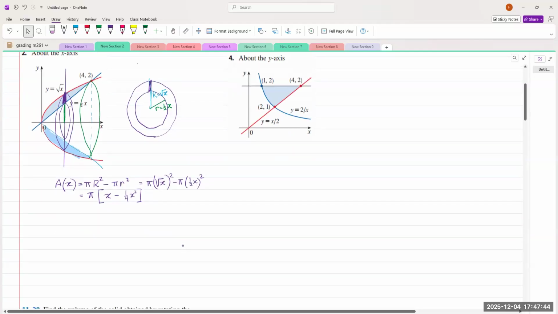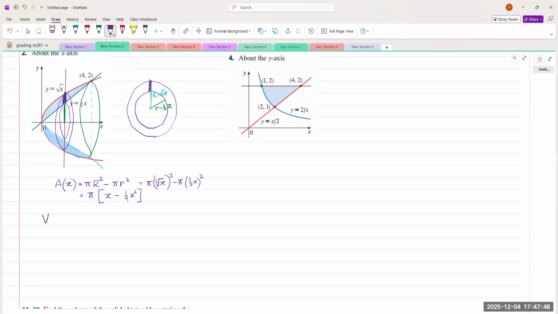Now, once it is in simplified form, the volume will then be the integral. They intersect at x equals 4. How do you know x equals 4? Here, they actually give it to us.